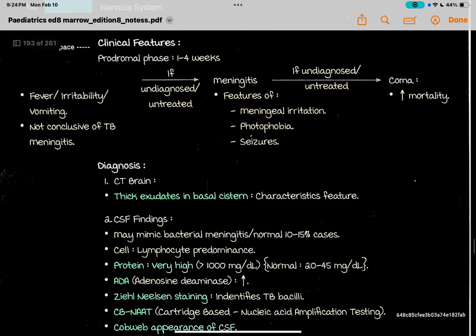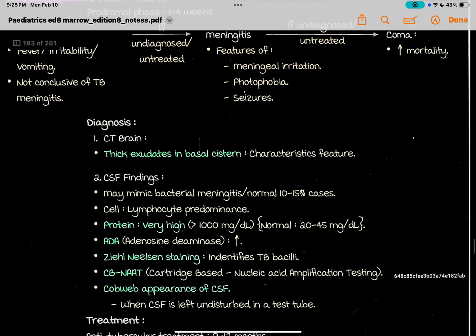Clinical features: there is a prodromal phase of 1 to 4 weeks with fever, irritability, vomiting, which is nonspecific, not conclusive of TB meningitis. If undiagnosed and untreated, it causes meningitis with features of meningeal irritation, photophobia, seizures, and can cause coma and increased mortality.